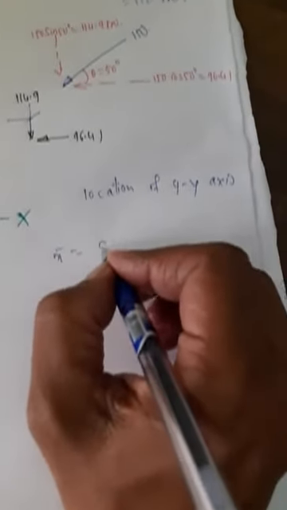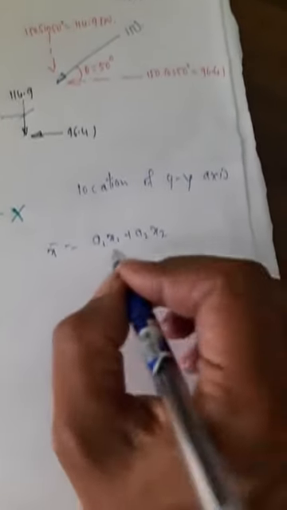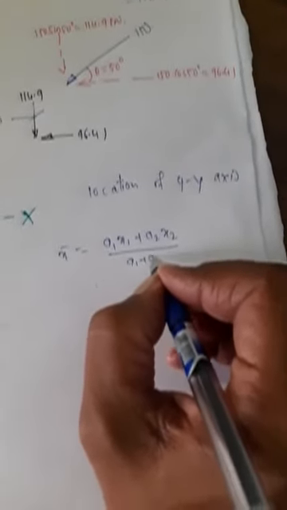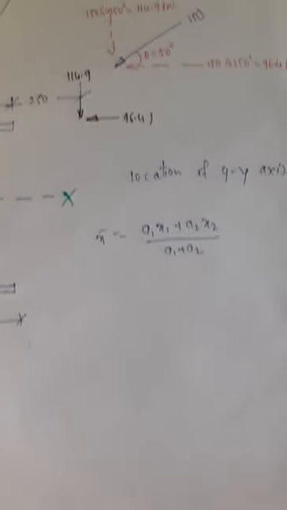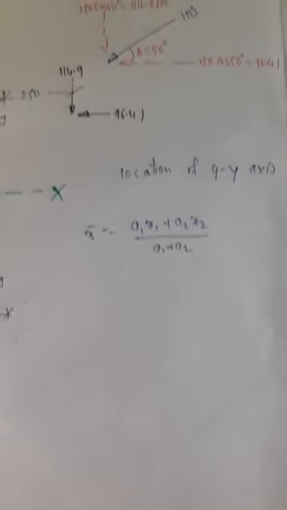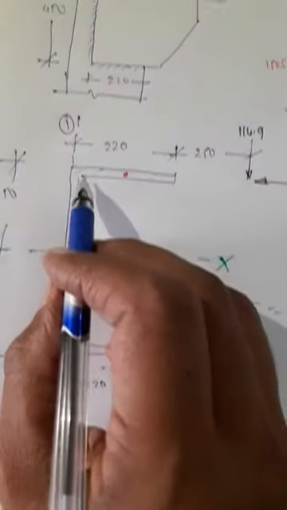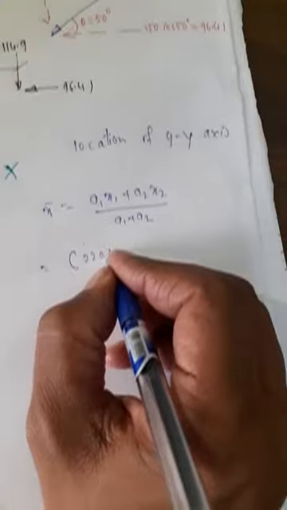X bar is equal to a1 x1 plus a2 x2 divided by a1 plus a2. This is in case of two elements. If there are three elements, I will write a1 x1 plus a2 x2 plus a3 x3 divided by a1 plus a2 plus a3. Now let me write it for this case. For element 1, area is 220 into t.